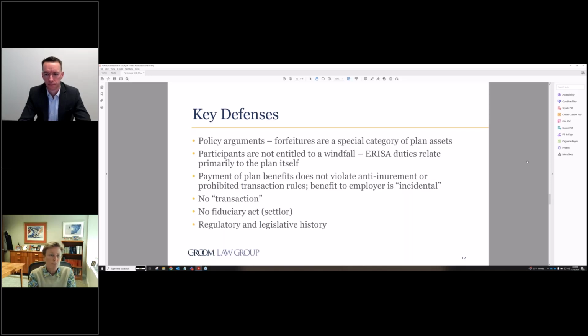And then finally, people have made regulatory and legislative history arguments to say there's no reason to think that Congress, the IRS, or the DOL ever thought that you could have a fiduciary obligation to use forfeitures in some particular way.